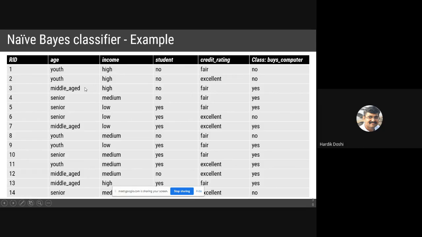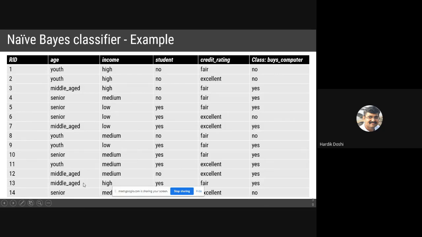The tuple 1, tuple 2, tuple 3 and tuple 4. So rule 2, R2, is covered by 4 tuples: 1, 2, 3 and 4. So I can say rule 2 covers these 4 tuples.